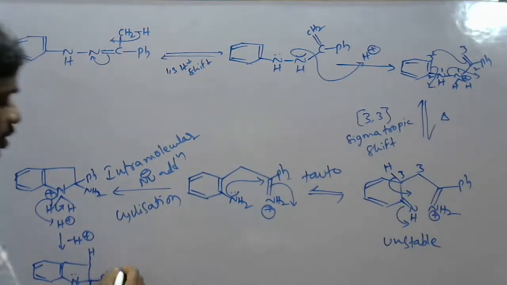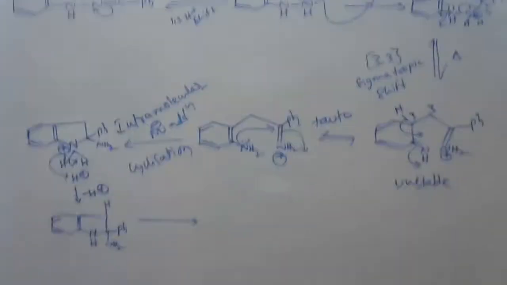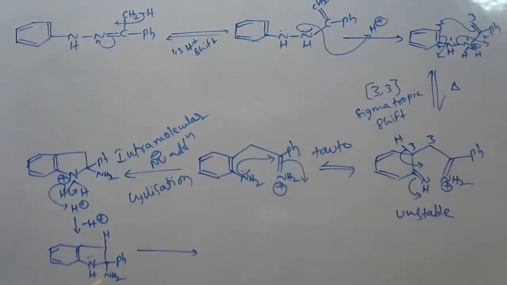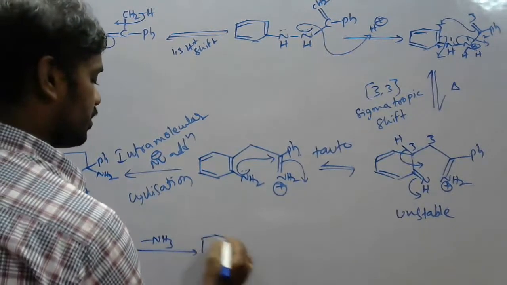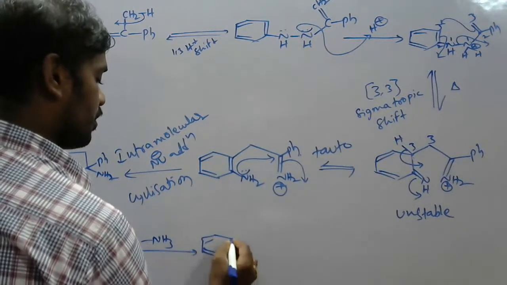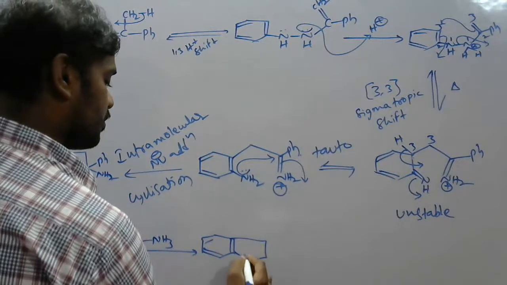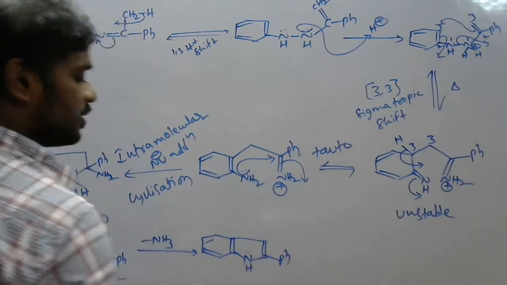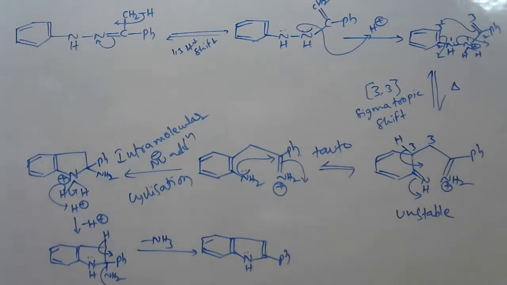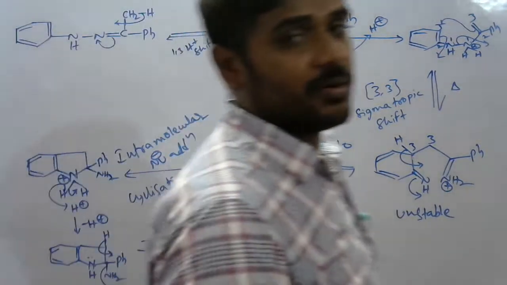This is unstable due to loss of aromaticity. So then what happened? This H and this NH2 are lost, so ammonia is lost together, and then the aromatic system forms. So this is 2-phenyl indole.